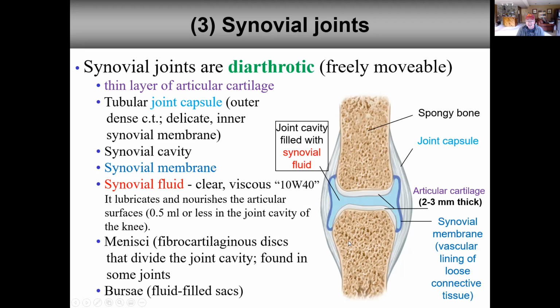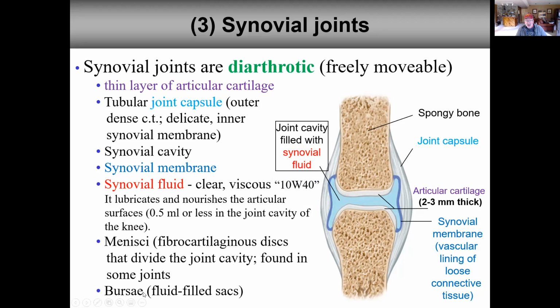There's a lateral meniscus and a medial meniscus. The term meniscus is singular, menisci is plural. In some synovial joints, like the knee, you may find these pieces of fibrocartilage. They're not super common in most synovial joints, but with regard to the knee, yes, that's where you can find it.